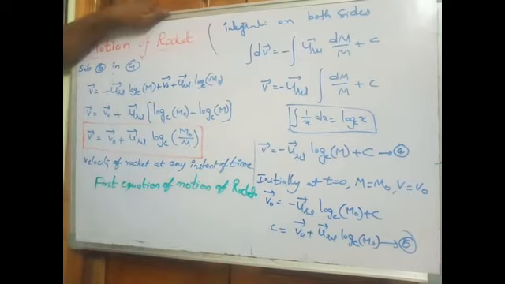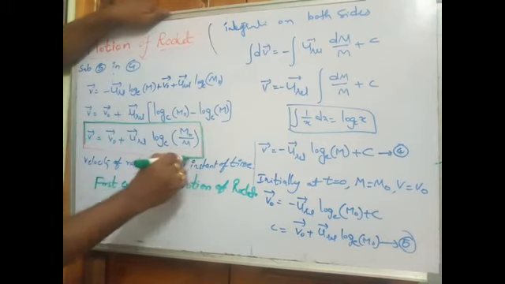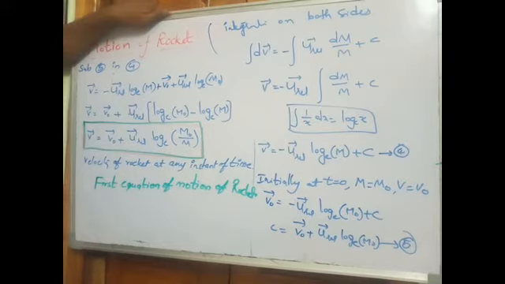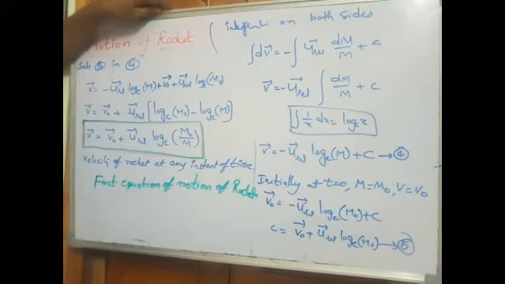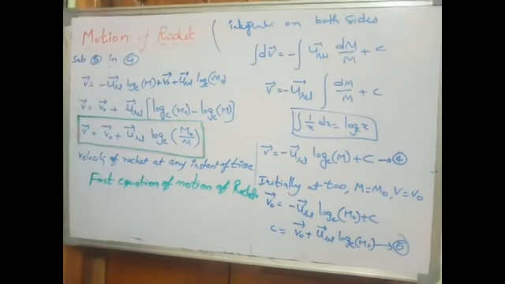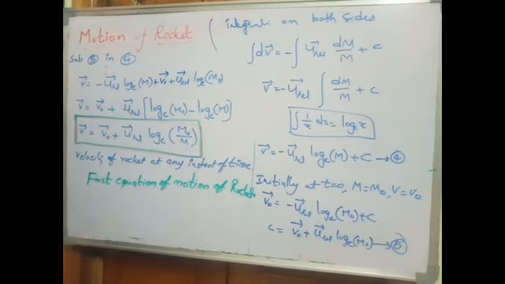This equation is known as the first equation of motion of rocket. So, very important formula. This is the velocity of the rocket at an instant of time in the absence of external force. Now again, let us derive the equation of motion of rocket in the presence of external force.